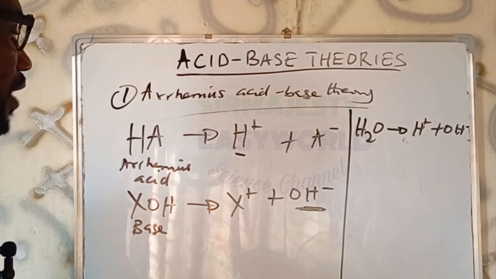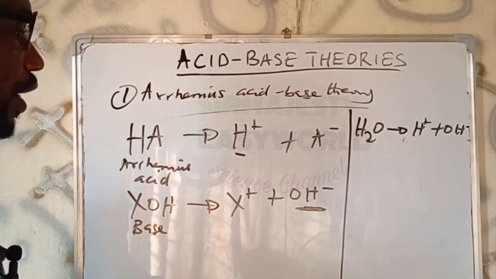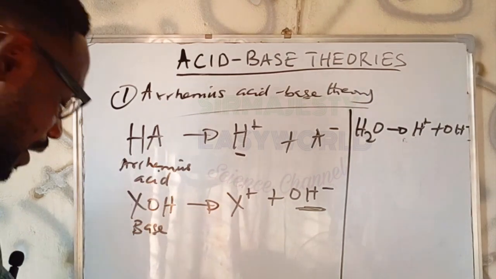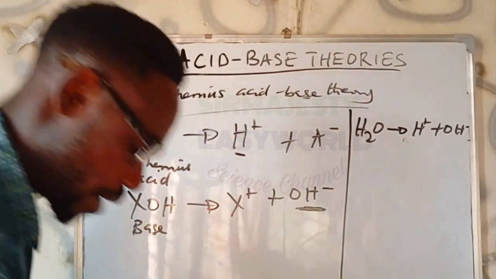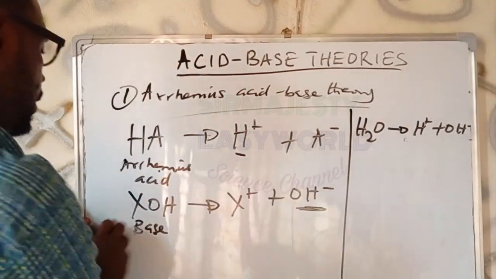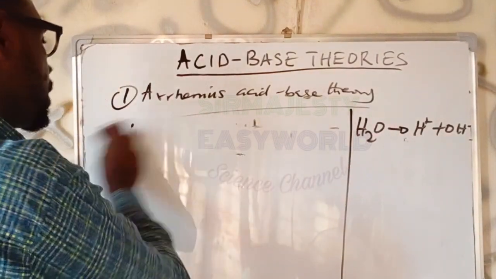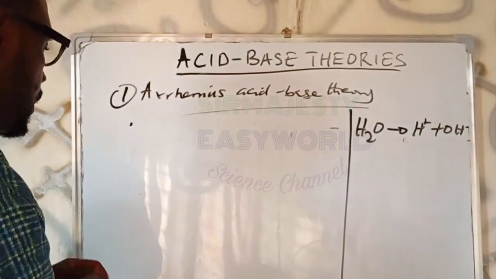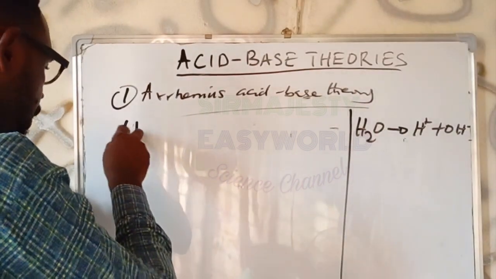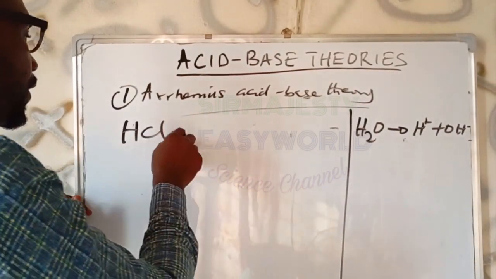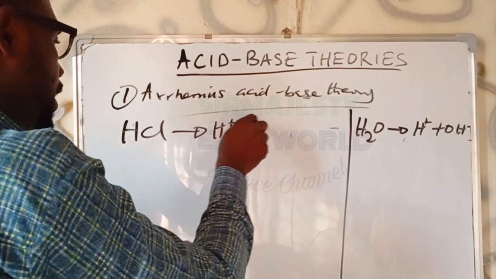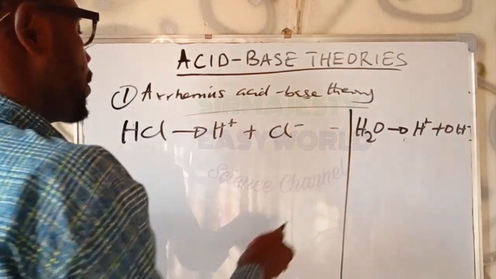Now, when we come to reality, we can give examples of an acid that conforms to Arrhenius theory and examples of bases according to Arrhenius. So if we take an acid such as HCl, it will give you hydrogen ion plus chloride ion.